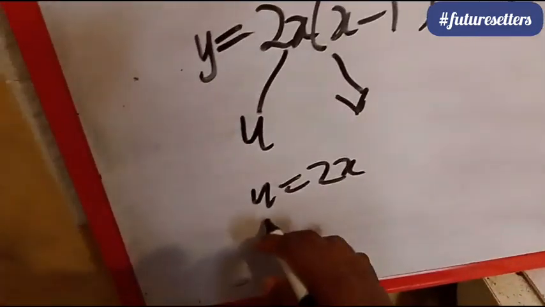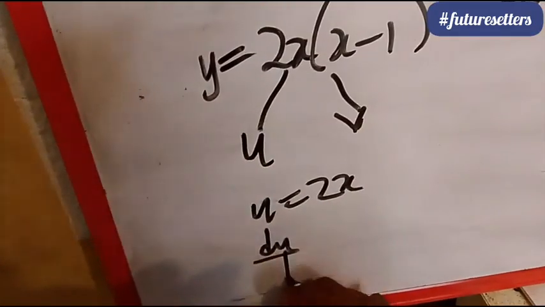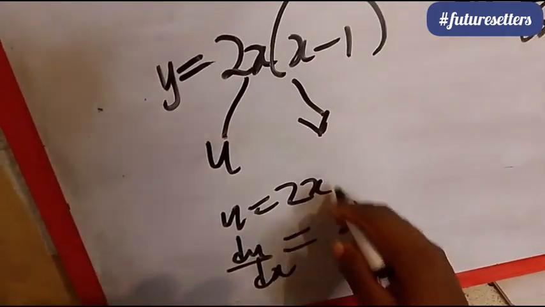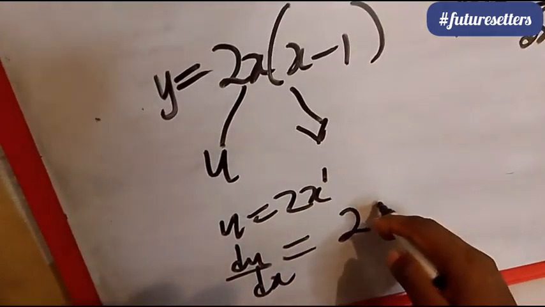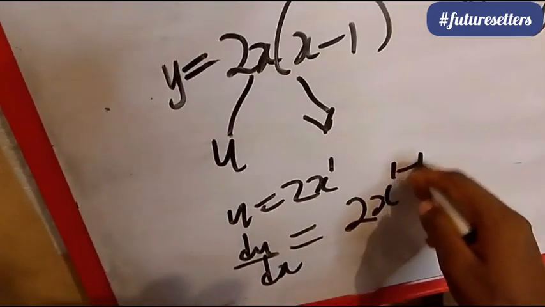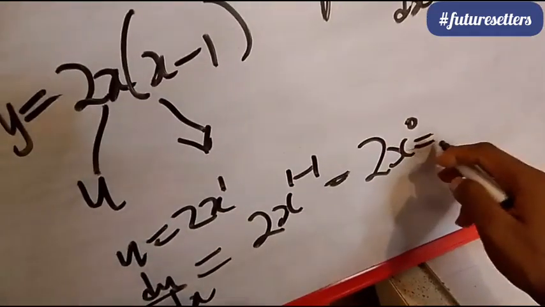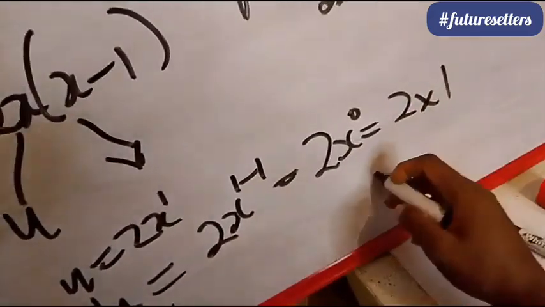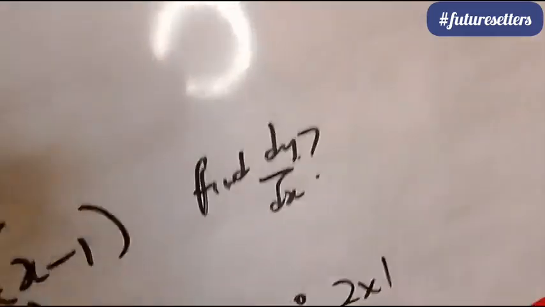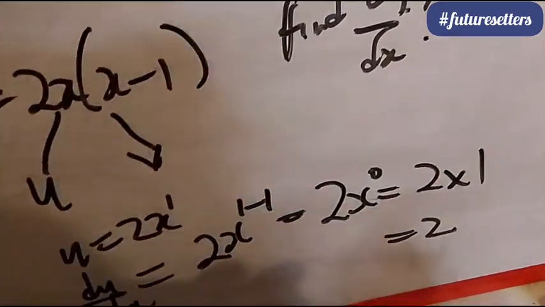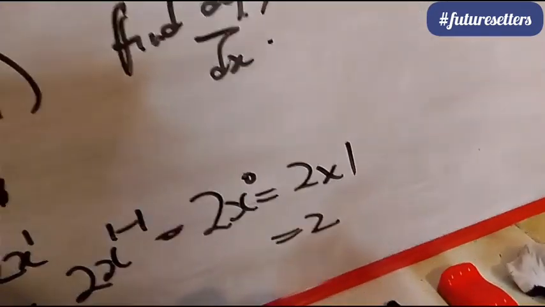If we have u equal to 2x, we can find du dx. We differentiate u with respect to x, and you have 2, because x raised to power 1 minus 1 is x raised to power 0, and you know that x raised to power 0 is 1, so 2 times 1 gives you 2. So if you differentiate 2x raised to power 1, you get 2 as your answer.